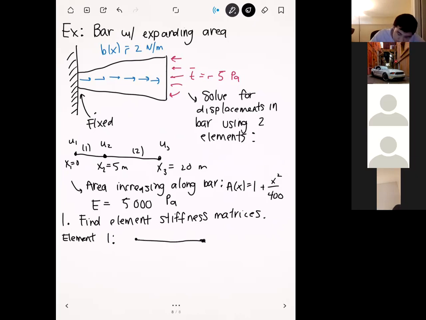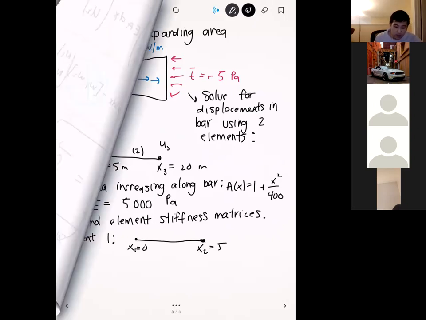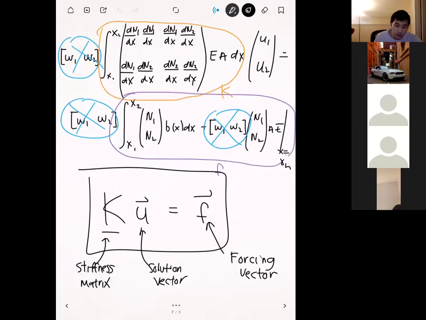On the left-hand side, we have x1 is equal to 0 and x2 is equal to 5. And so the total length of our element here is 5. When we go to evaluate our element stiffness matrix, you can see here in the orange, we're basically going to integrate this from 0 to 5. I'm not going to write this whole thing down again because it's going to simplify quite a bit in a second.